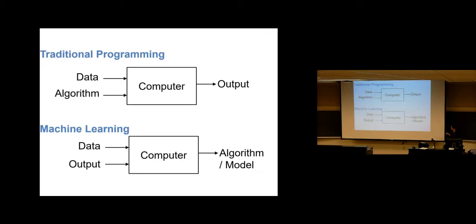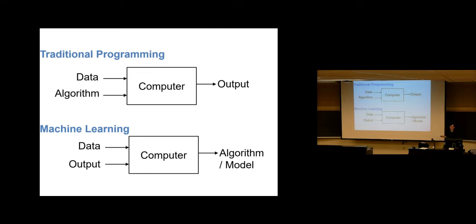And again, let's summarize the differences of machine learning. The bigger picture is it's a very different paradigm of generating algorithms. The traditional way, the traditional computer algorithm, takes data and the algorithm to get output, and it's the software engineer generating the algorithm.